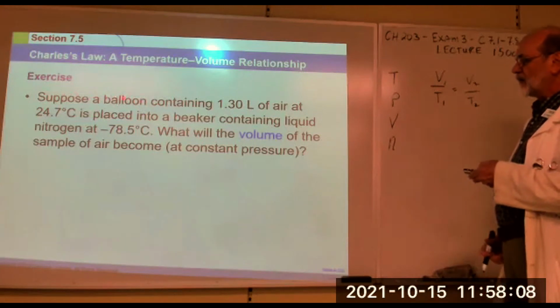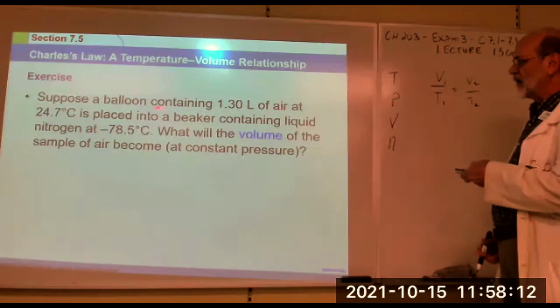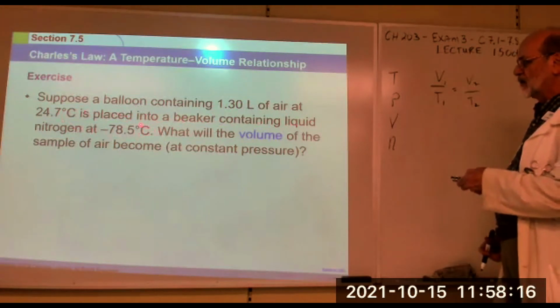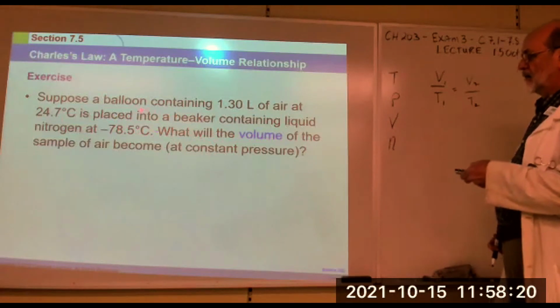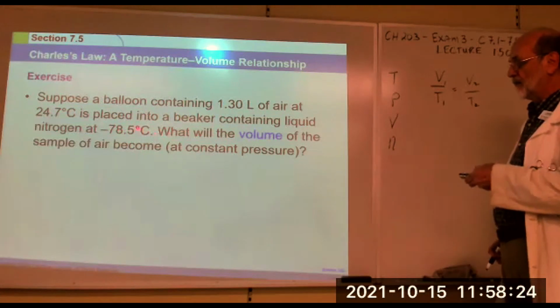Let's see, is this before and after? 1.30 liters of air at this temperature placed in a beaker containing liquid nitrogen. At this temperature, what will the volume be? So you're going from this temperature to this temperature, and we want to find out what the volume is.